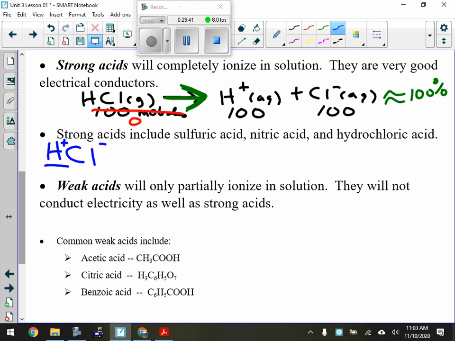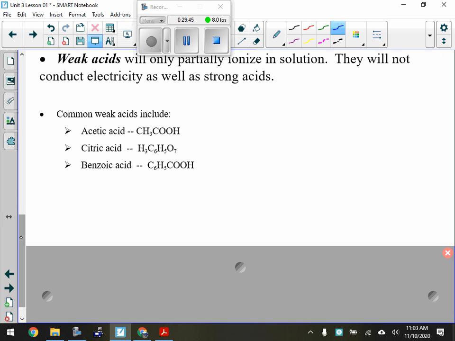The other thing that you want to look for is this common thing here. You'll notice H in the front, or this grouping of atoms here, COOH. COOH is another way to tell that you have an acid.